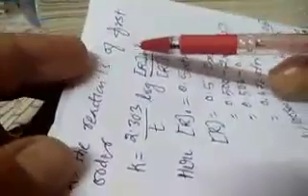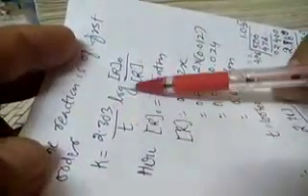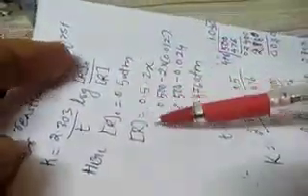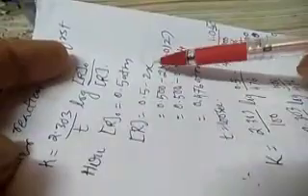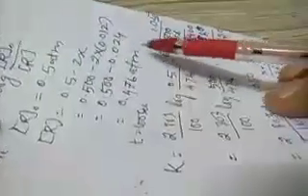As x is equal to 0.012, and as the reaction is of first order, we can write K is equal to 2.303 by T log of R0 by R. Your R0 is 0.5 atmosphere, your R is 0.5 minus 2x. We know the value of x is 0.012, and finally we get R is equal to 0.476 atmosphere.